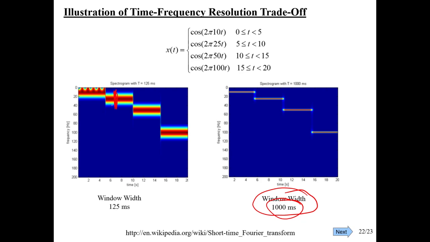So we had a lot of spread over here with a 125 millisecond window, but now it's very tightly grouped at 25 hertz. So our resolution in frequency is much finer. There's much less uncertainty or ambiguity as to what frequency is going on in that interval. It's pretty much 25 hertz.